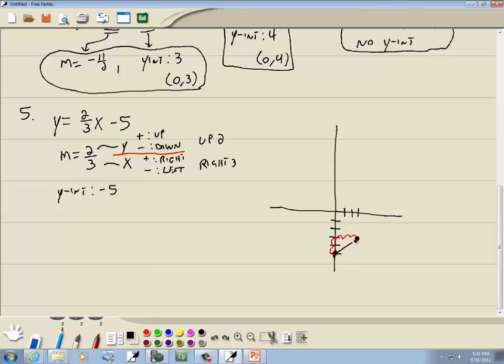Now after you get your second point, you draw a line through them. And that's your graph. So again, we use the y-intercept to put our first point, and then we use the slope to go from that point, doing whatever they say, up 2 and right 3 in this problem. And that gives us our second point. Once we have our 2 points, we'll just draw a line through them.